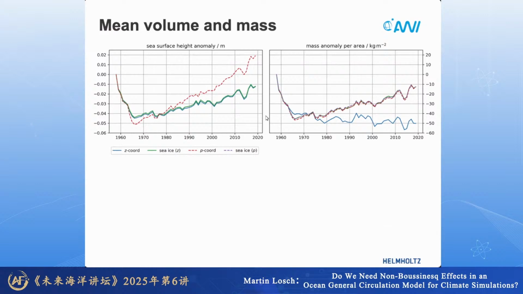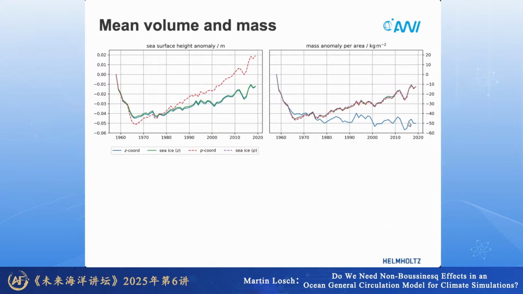And when you look at the mass anomaly, which is similar, you see that the volume that is being taken out has a mass signal, but the warming is not being captured, so the mass signal of the Z coordinate model here, the blue line, is wrong.